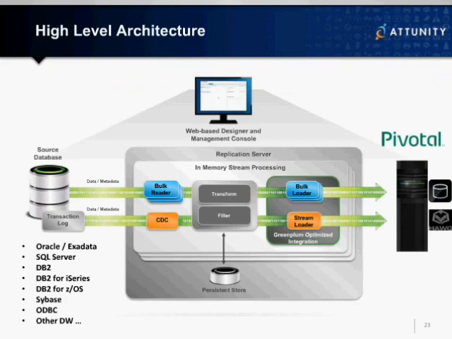The Attunity server can run as one instance or multiple instances. In the server, you can run one or more tasks for loading the data. Those tasks you can automatically map between the source and the target, so you don't need to do any coding. You can apply some light transformations, and you have very flexible filtering options.